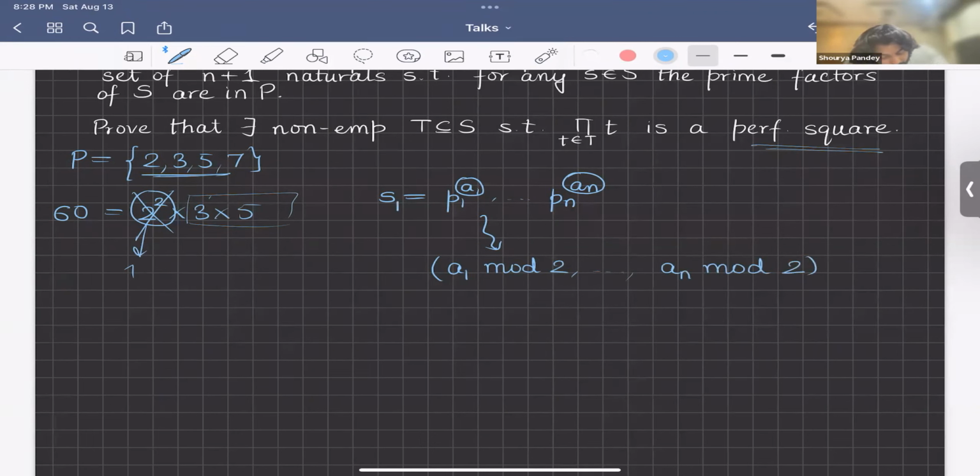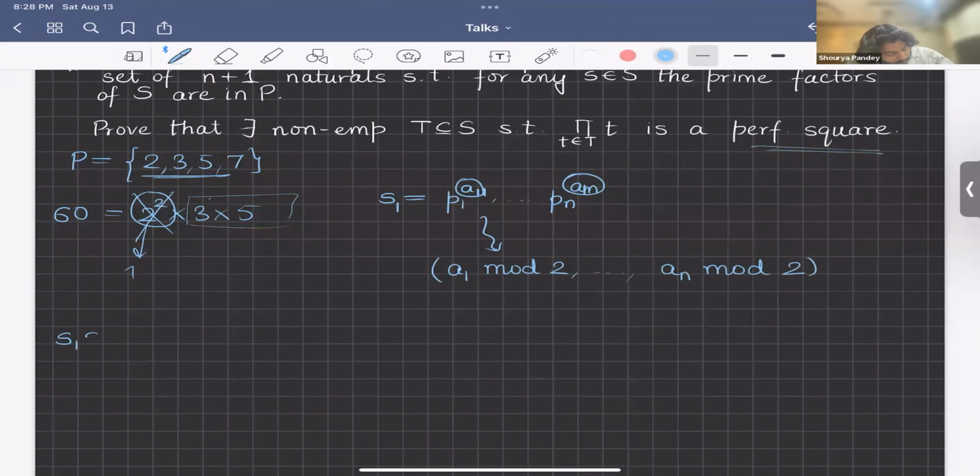If this is S1, let me write it as A11 up to A1n. If I take the product of S1, S2 up to Sk, what does it correspond to as a tuple?